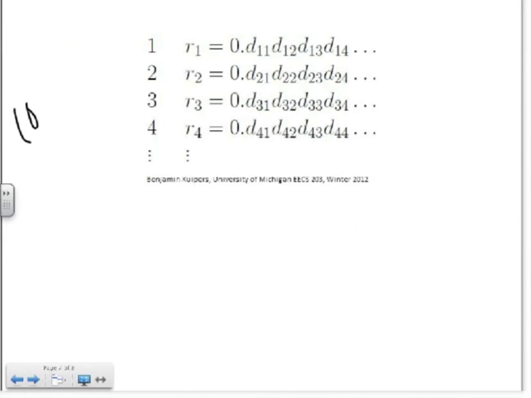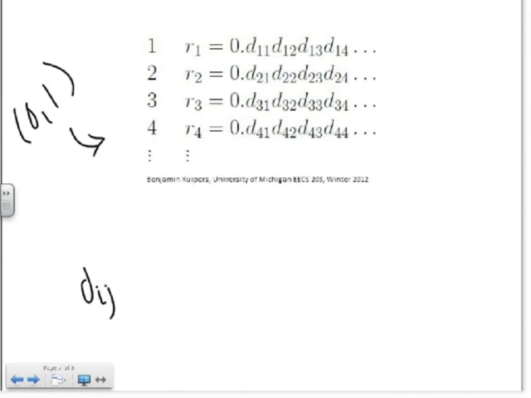Alright, so let's represent the set from 0 to 1 of reals as this table. And notice we've got R1, R2, R3. Let R1 through Rn be the numbers between 0 and 1, and each digit will be d sub i j, where i is going to be the row and j is going to be the column.